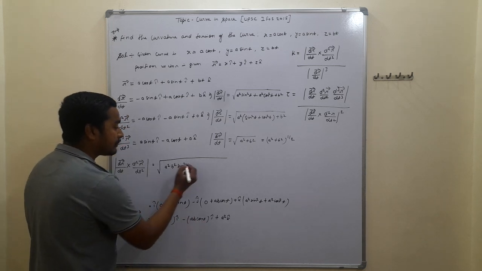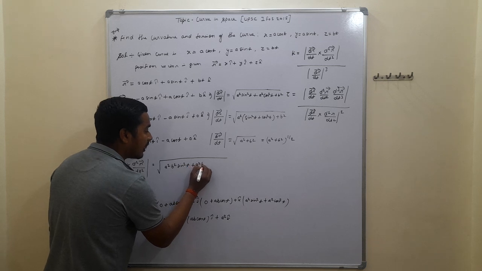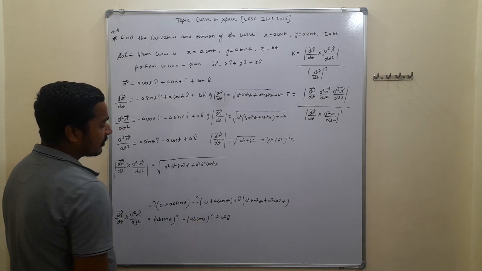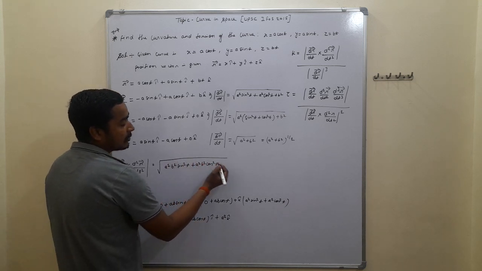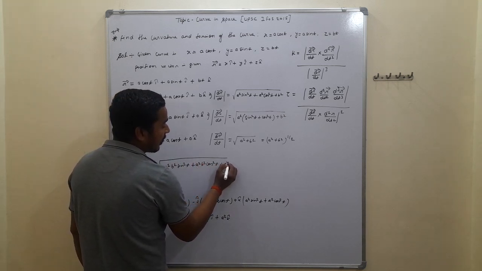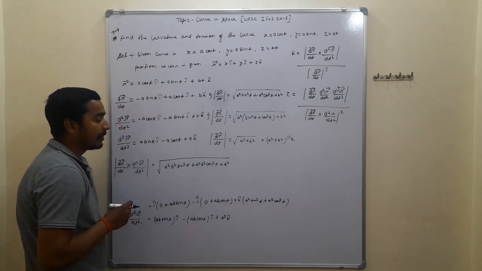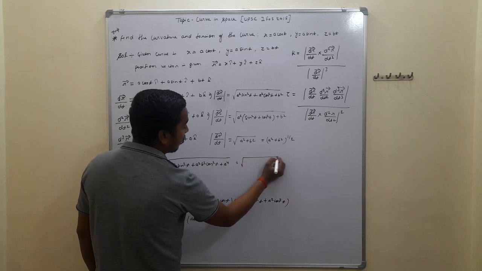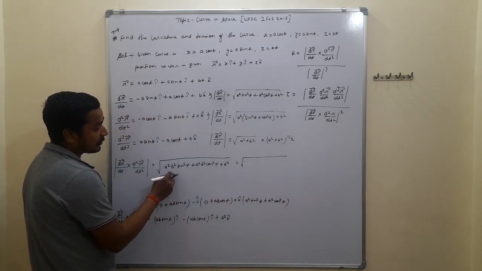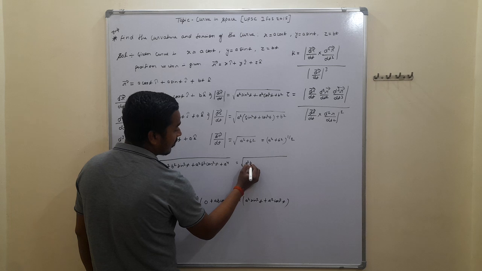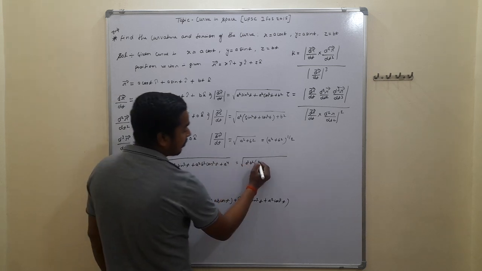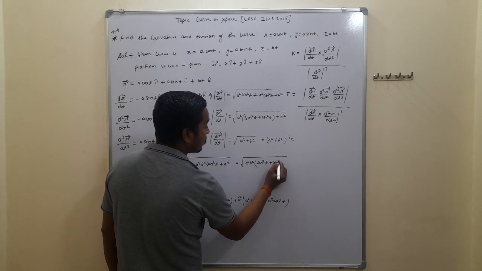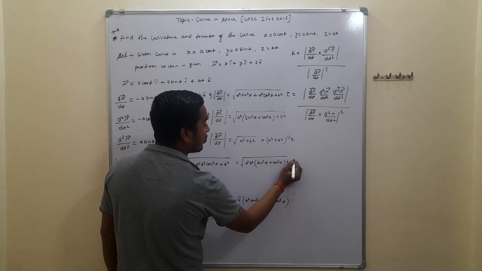On squaring, this gives a square into b square cos square t, and here the coefficient of k is a square, so we have to write here a to the power 4. Further, from here we have to take common once again, under root of a square b square, then the remaining is sin square t plus cos square t, plus a to the power of 4.